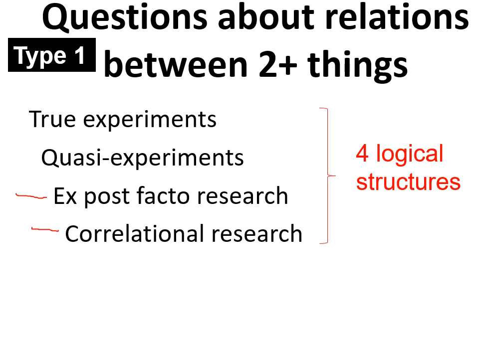So there are 4 logical structures that allow you to understand or to answer questions about relations between 2 or more things. And of these, ex post facto research and correlational research are the most common, though we will talk a bit about true experiments and quasi-experiments here in a few moments.